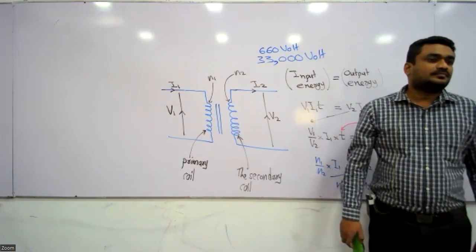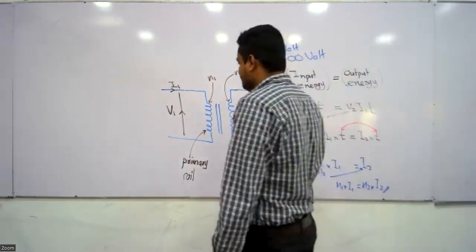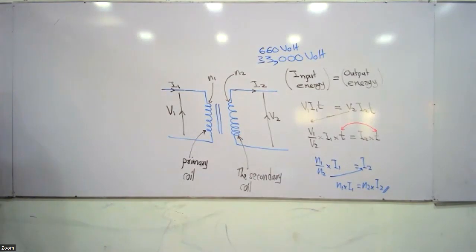There are 400 turns in the primary coil.